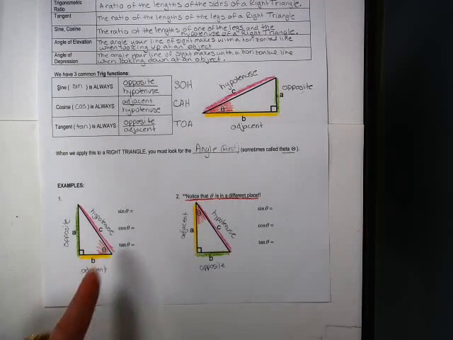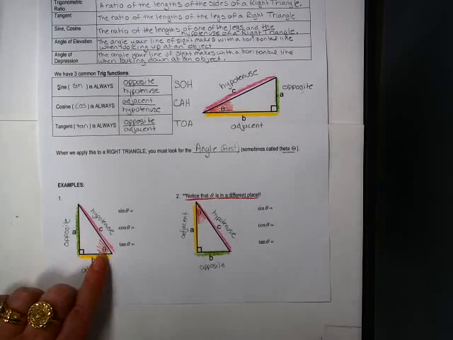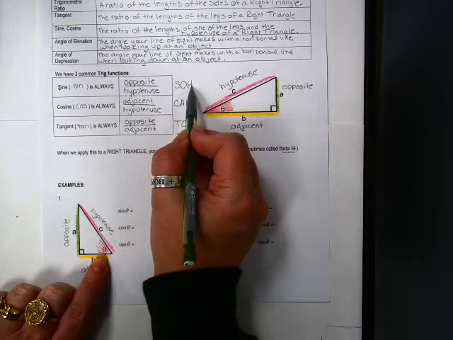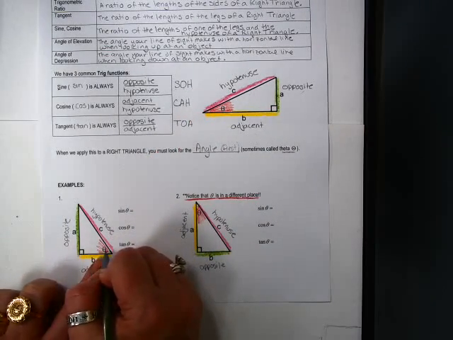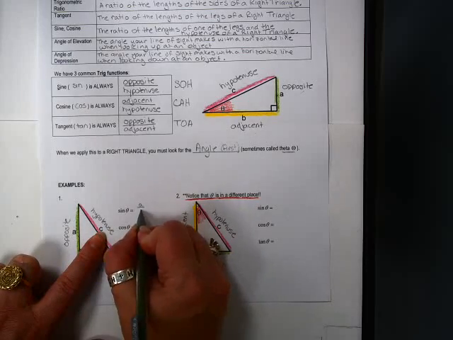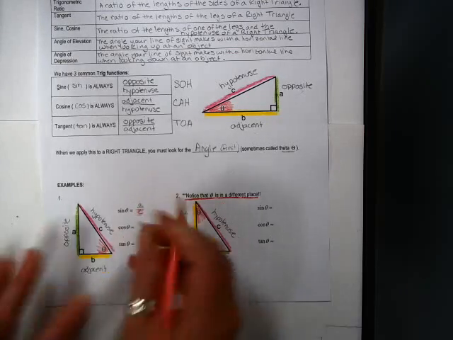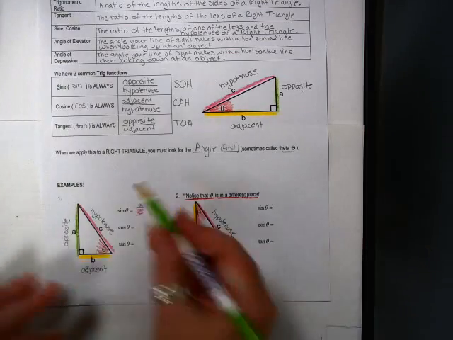Okay, so now when I'm looking for sine theta, sine is opposite over hypotenuse. All I have to do is locate the opposite, which is length A, over the hypotenuse, which is C. And I'm color coding these so you can go back and make sure that you have them right.